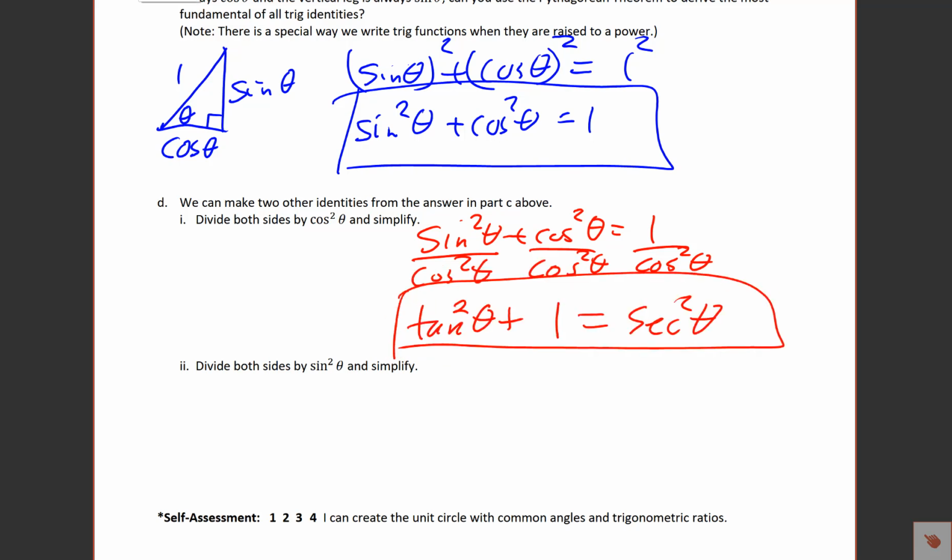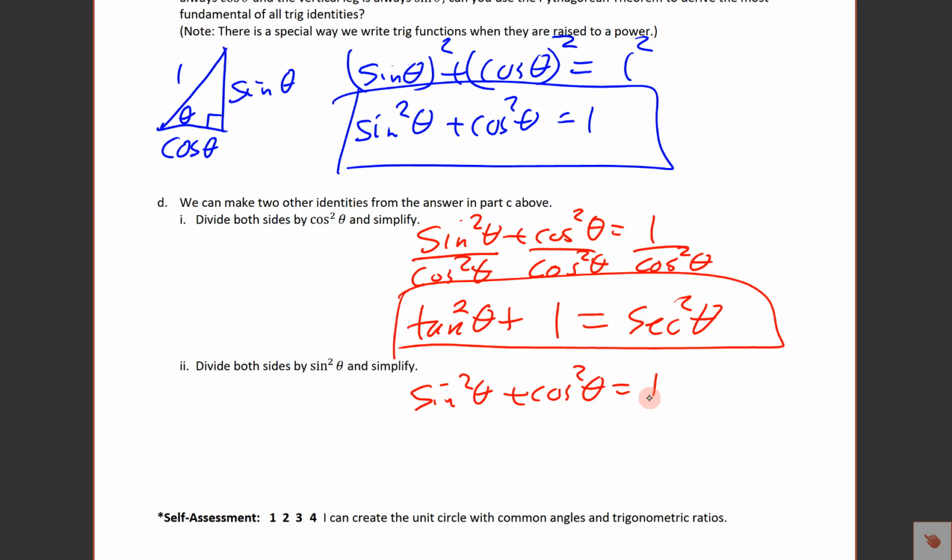Okay, all right, now, here's what I'm going to leave you with. What I want you to do is start over with sine squared theta plus cosine squared theta. So write this down. And then what do the instructions say? Divide both sides by sine.